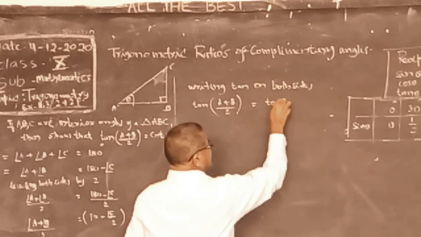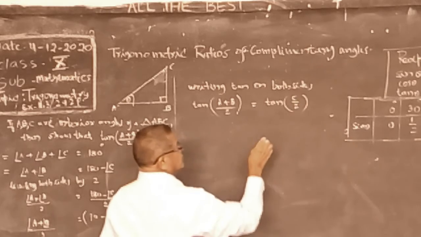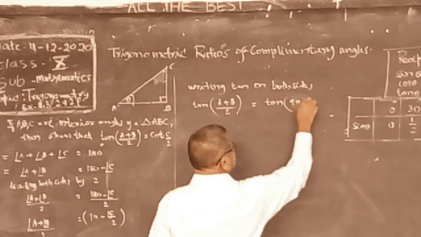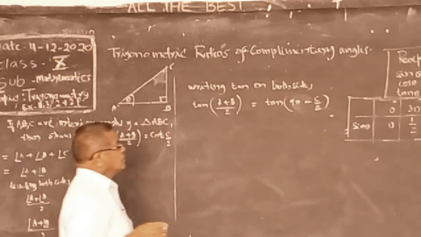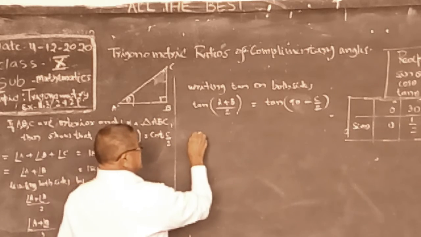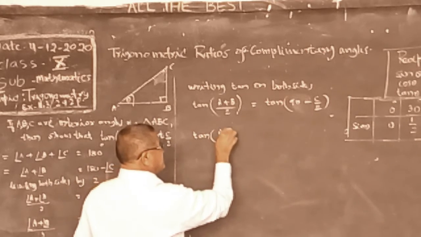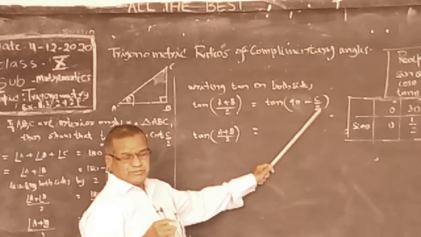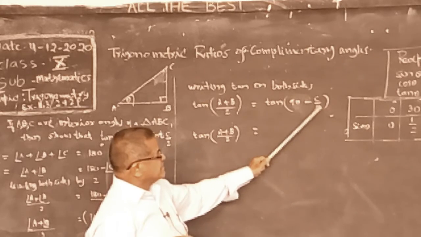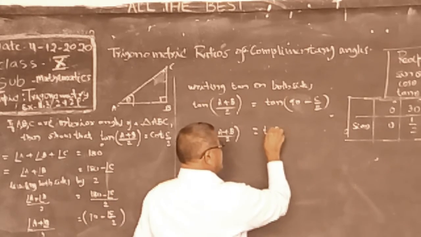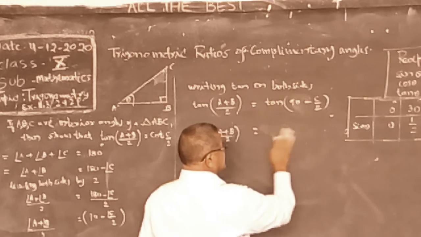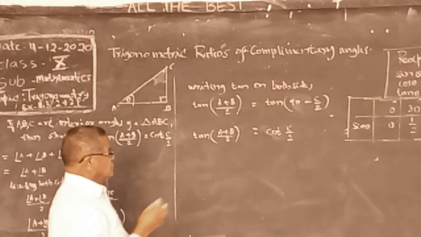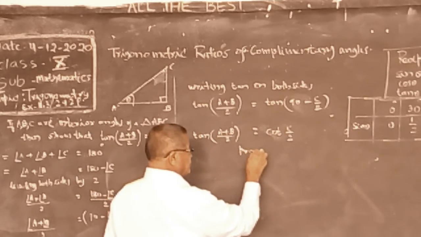Next, tan of 90 minus C by 2. So LHS remains the same. Tan of (A plus B) by 2 is equal to tan (90 minus theta). Let it be theta. So tan (90 minus theta) is cot theta, where theta is C by 2. These are very important.